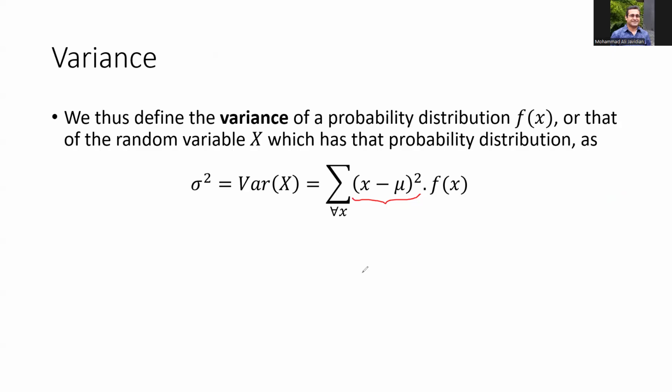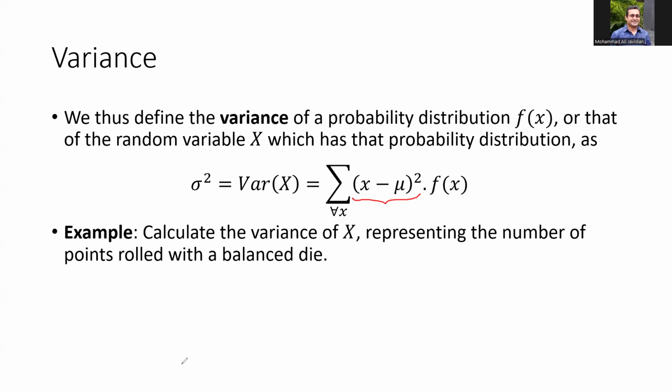So to have a meaningful metric to show the range of changes in the random variable, we need to square this subtraction. So let me show you with a simple example how to compute the variance of a random variable.